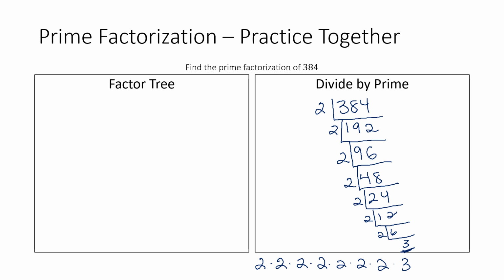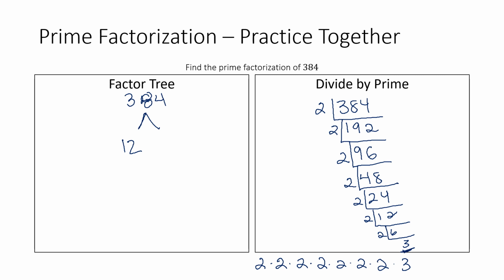So if we did this with the factor tree, we could pick 12 as a factor. Well, what is 384 divided by 12?